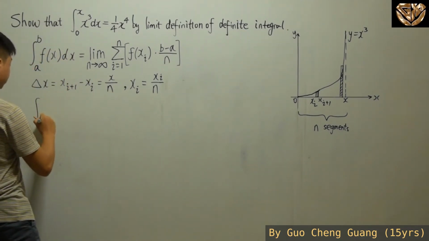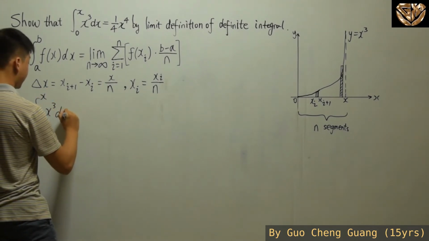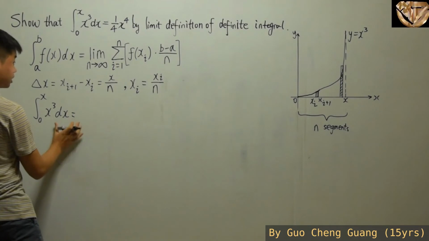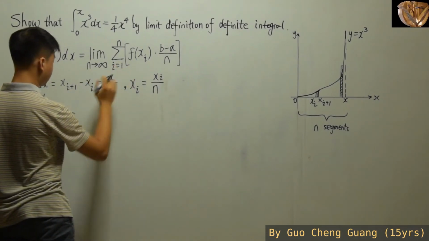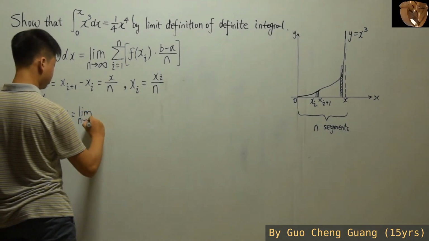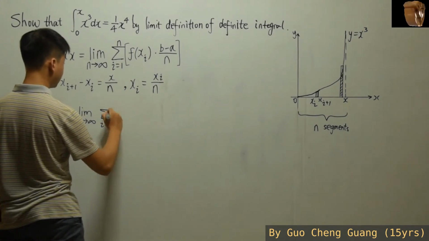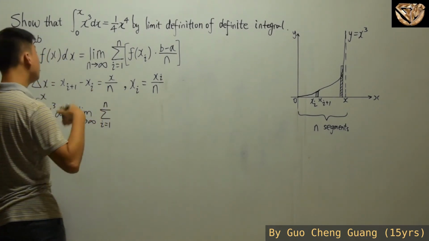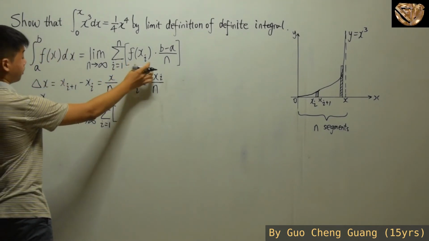So, integrating from 0 to x of x cubed dx. So when you change this into your limit and sigma notation form, so limit n approaches infinity, sigma notation i is equal to 1 until n. Now within here, what is your f(x)?